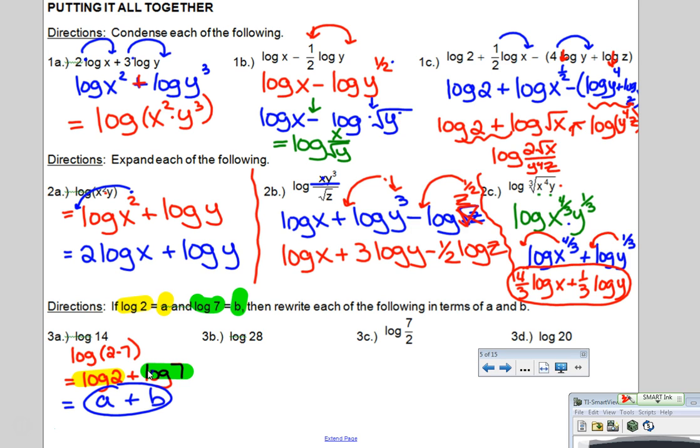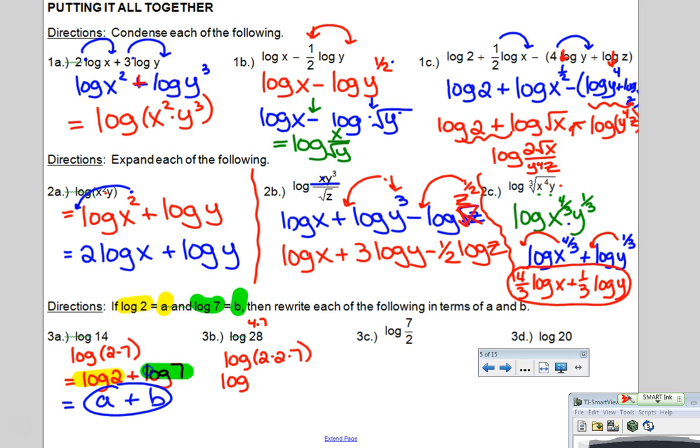Problem 3b, I have log of 28. So somehow there's probably a way to use a 2 and a 7. Well, 28 is equal to 4 times 7, but then 4 is equal to 2 times 2. So 28 is really 2 times 2 times 7. So I have 3 guys being multiplied, but the rule expands out. Anytime I'm multiplying, I can add.